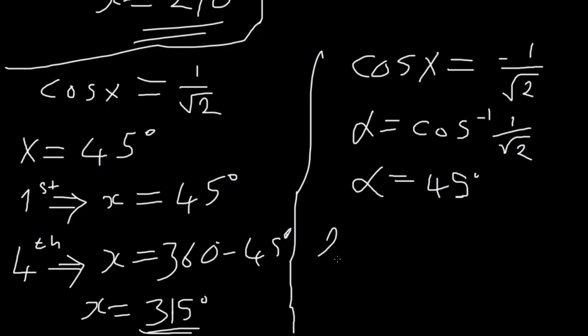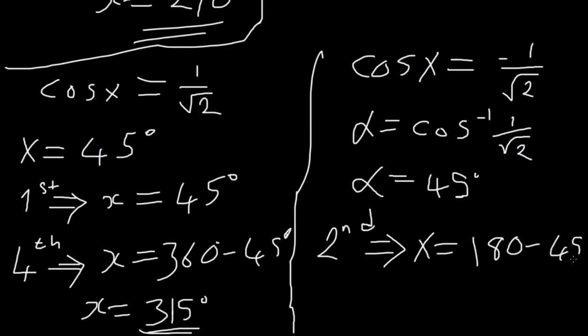In the second quadrant, the value of x will be equal to 180 minus 45, which gives you 135 degrees.